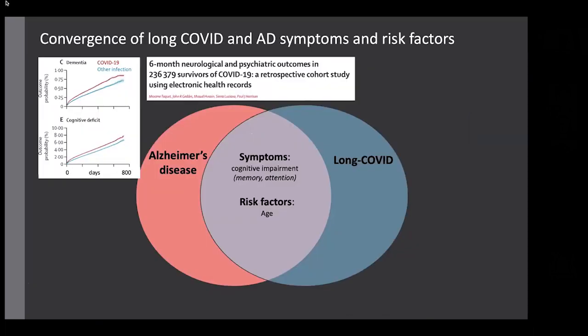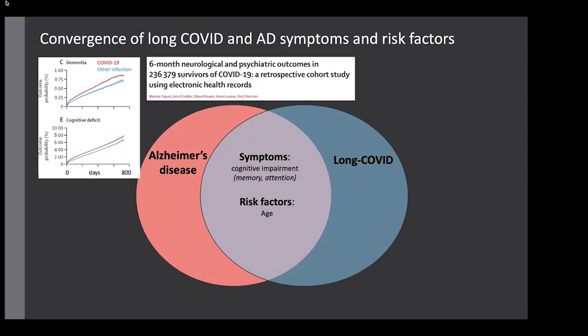So I'm going to step back a little bit and provide a little context for why we went down this path. Shortly into the pandemic, we started hearing reports of people having something called long COVID, which is essentially persistent symptoms that continue beyond somebody's acute infection with SARS-CoV-2.